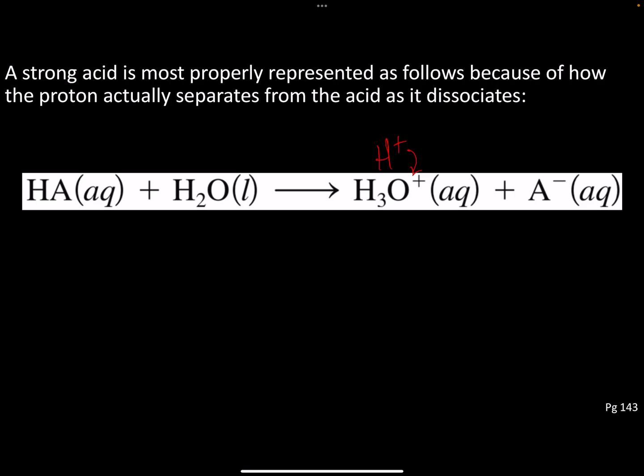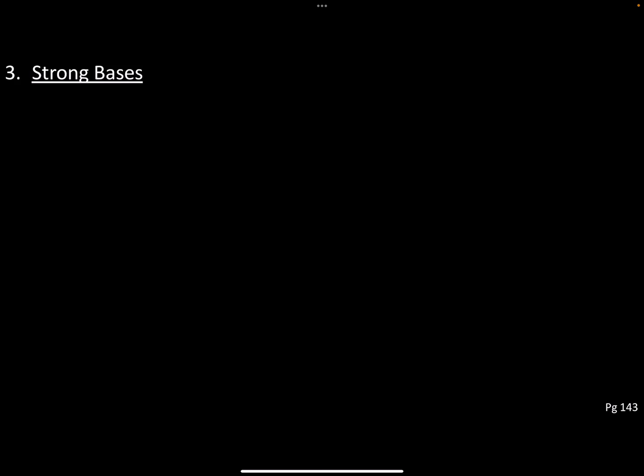So we talk about it as an H plus ion, but we're actually looking at that H3O, which is called a hydronium ion. That's what we're really measuring with acids.